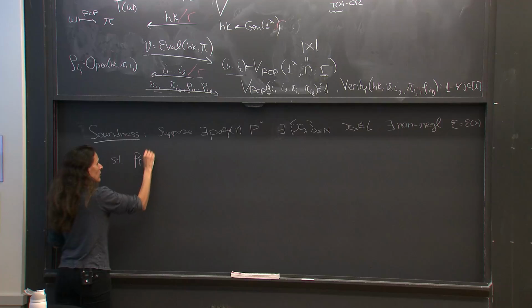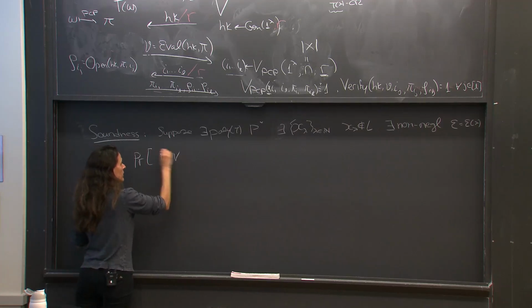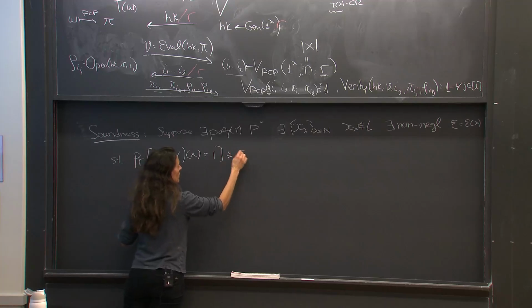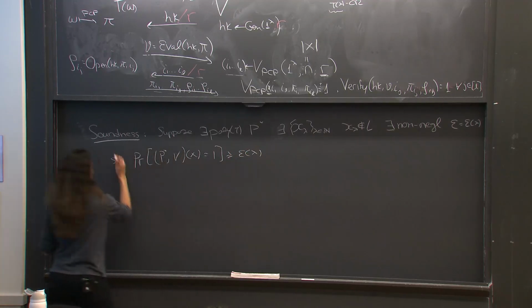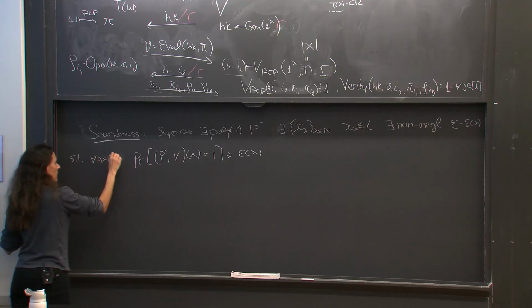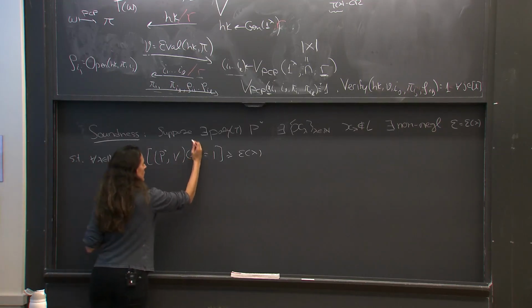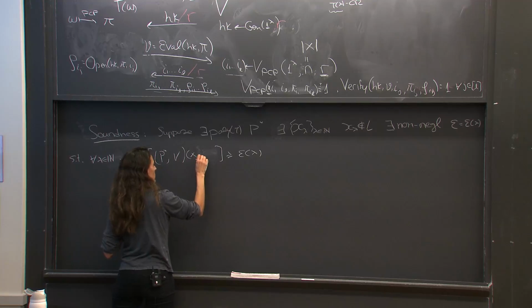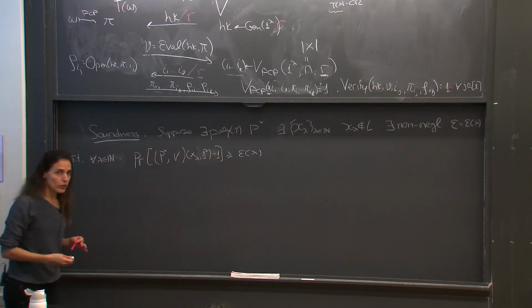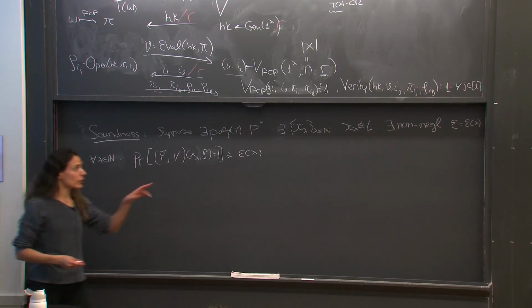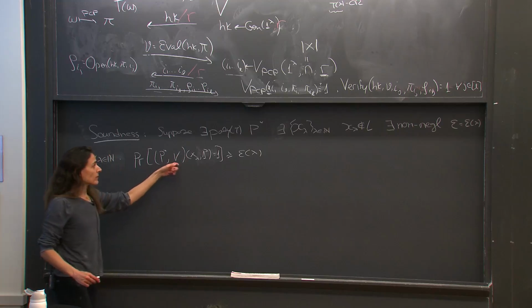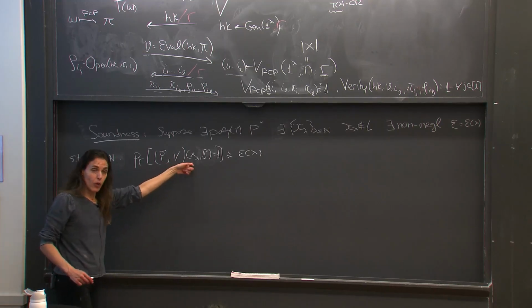The probability that P star talking to verifier on input X, the verifier accepts, is at least epsilon for every lambda. To be precise, this is X sub lambda. So suppose a cheating prover, for any lambda, chooses some X sub lambda, and P star and V accepts, even though X lambda is not in the language.